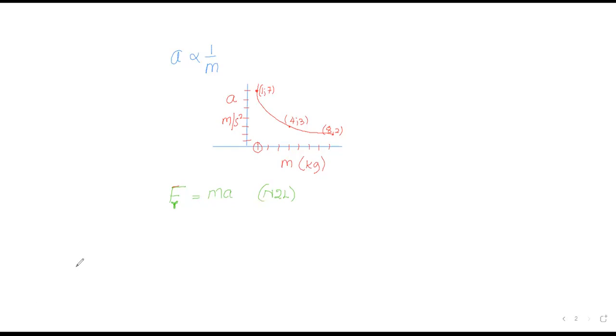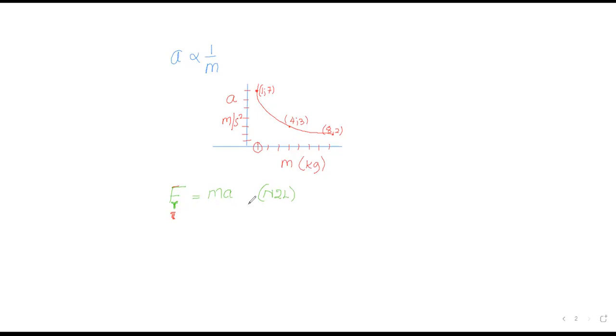The most important thing to observe here is that the sum vector of all the forces involved should give you a resultant. If the resultant is equal to 0, therefore, there won't be any acceleration by Newton's first law.